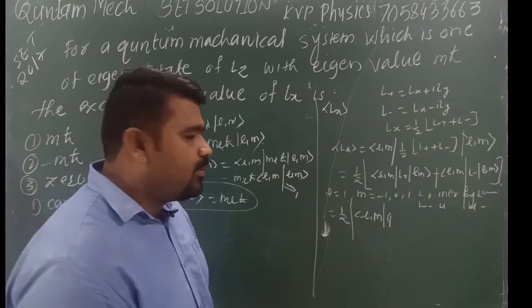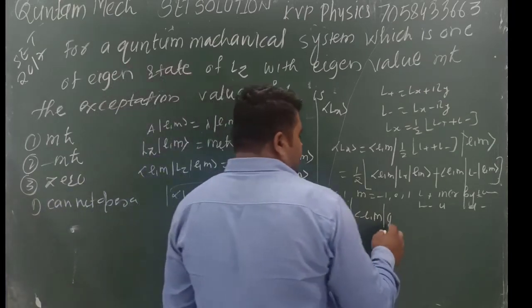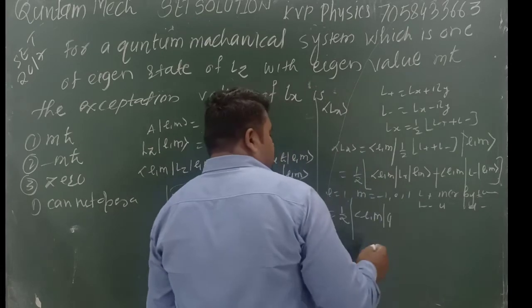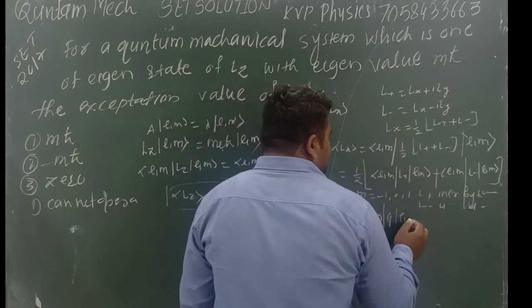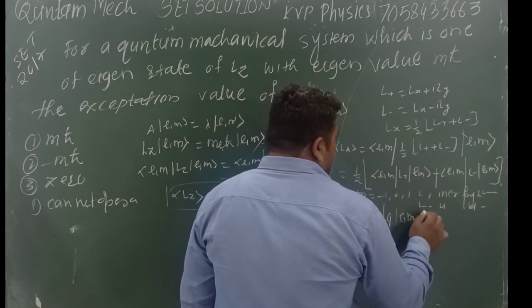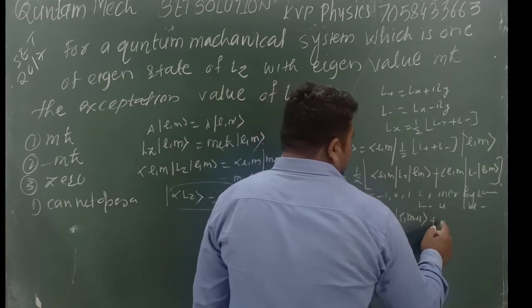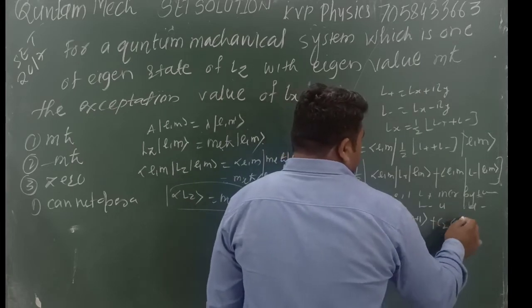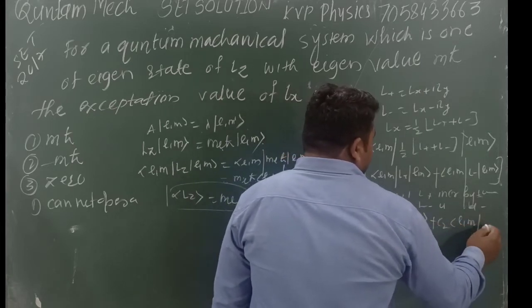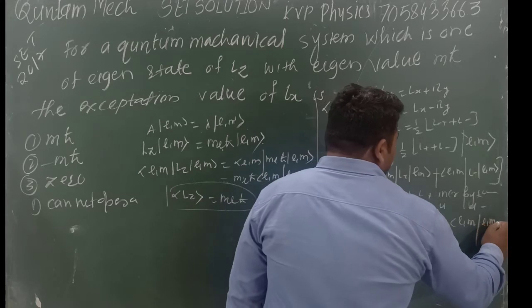We're getting two values for plus and minus, which we consider as, suppose, C1 |L,M+1>, since L plus operating on any state increases M by 1. The second one, C2, is common out: |L,M-1>, since L minus operating on any state decreases M by 1.